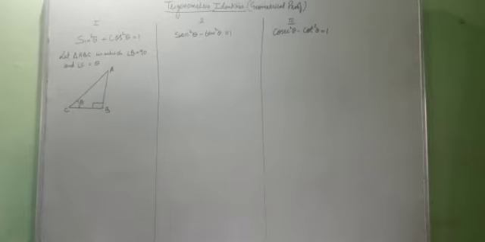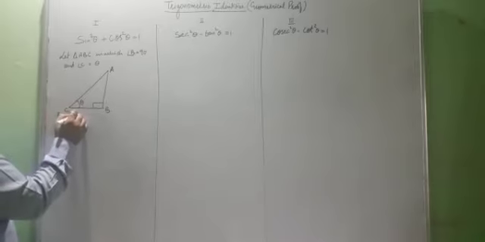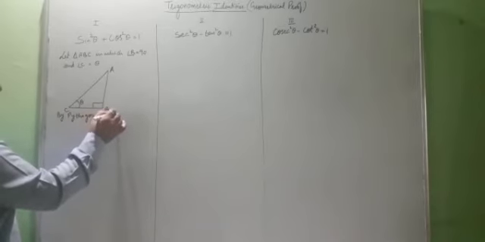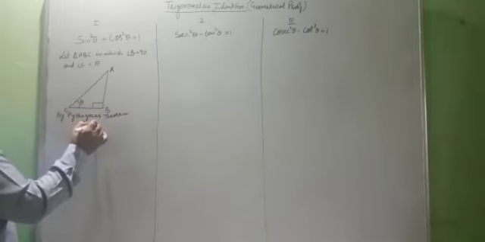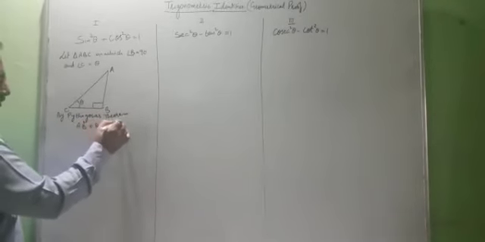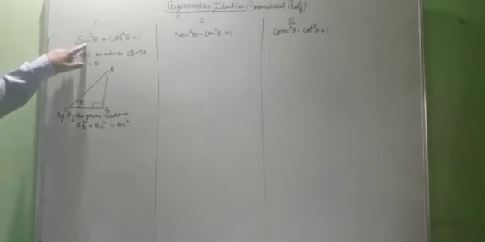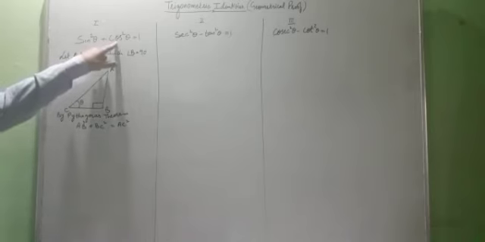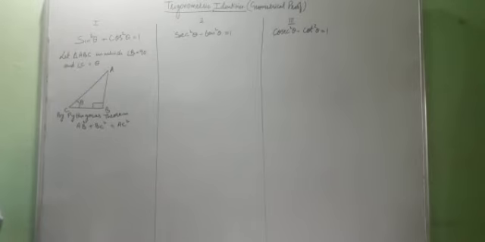Now use Pythagoras theorem. By Pythagoras theorem, AB square plus BC square equal to AC square. Now I am going for sine. The ratio of sine is P upon H. I am also taking cos. The ratio of cos is B upon H. So both of them are containing hypotenuse.